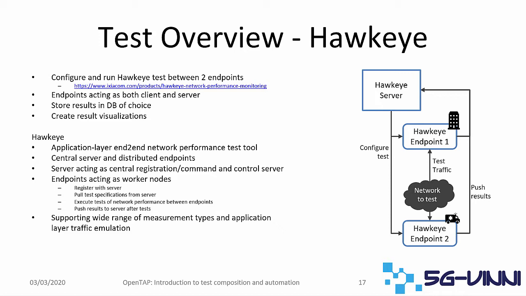Hawkeye has a server acting as both registration and command and control server, and the endpoints are clients that execute whatever tests are requested by the server. Here we see a figure of the setup. We can compare it to the previous example and interpret the one endpoint as the hospital and the other as the ambulance. Tests are pushed from the server, executed between the endpoints, and results are pushed back to the server.